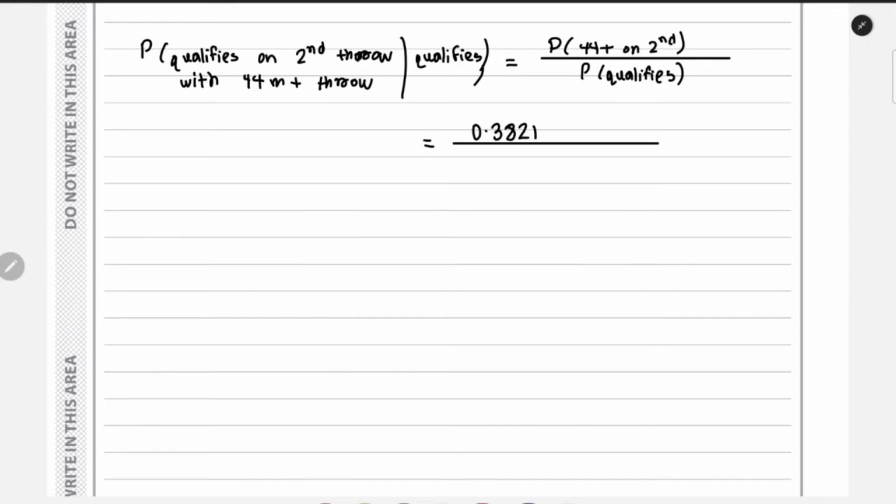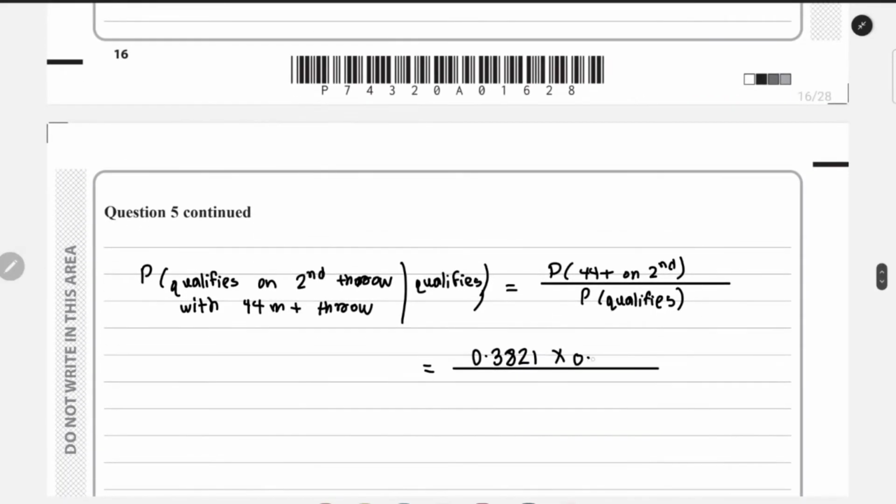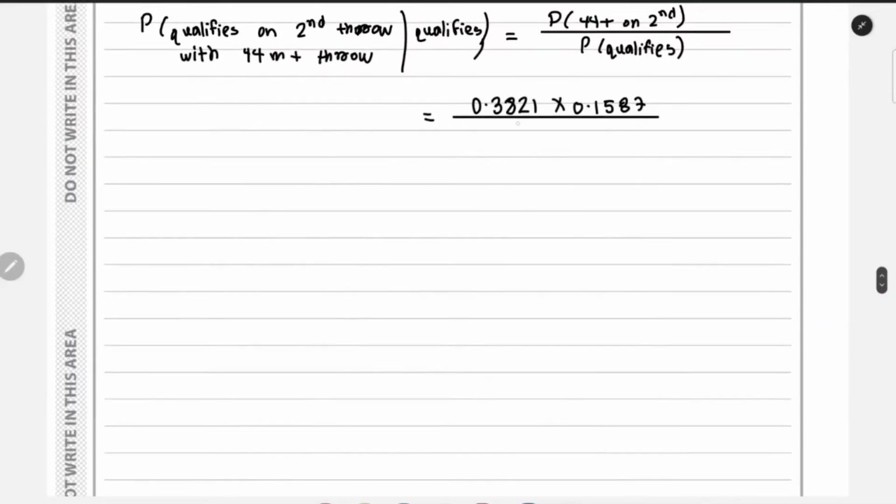So we missed on the first attempt, we didn't qualify on the first attempt, and on the second attempt he qualifies, divided by the probability of him qualifying, which would be 0.9442. This is 0.0642.